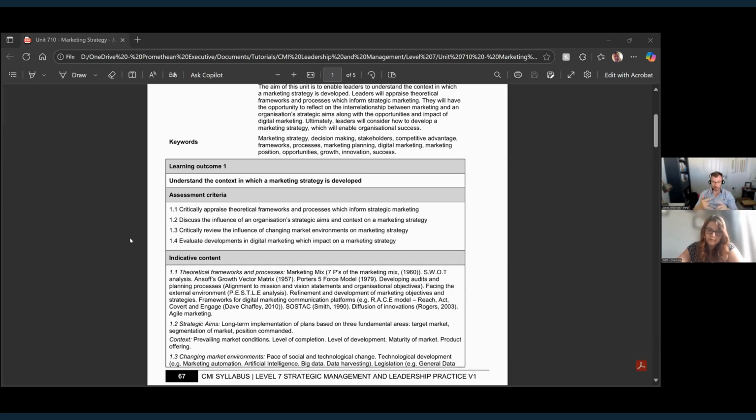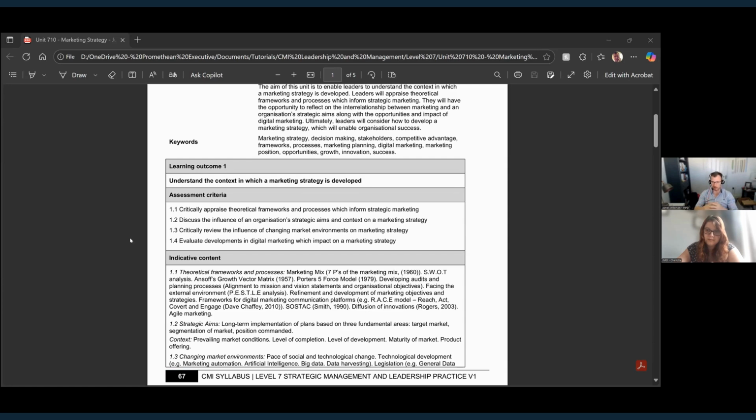So for example, the Five Forces model, this idea of SWOT analysis or the Ansoff growth vector matrix. These are the kind of typical things we'll be used to. Maybe things like PESTLE analysis for external environment stuff. So it's really picking apart these ideas and making a very critical view of where you think they thrive, where you think they suffer, what their assumptions might be, and where their best use cases and maybe limitations might lie the most.